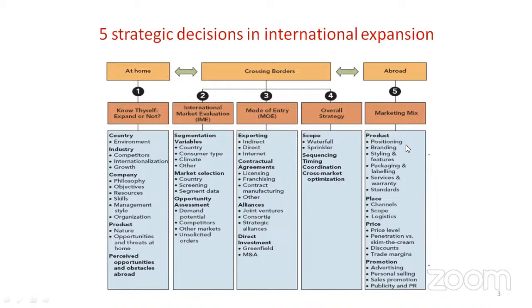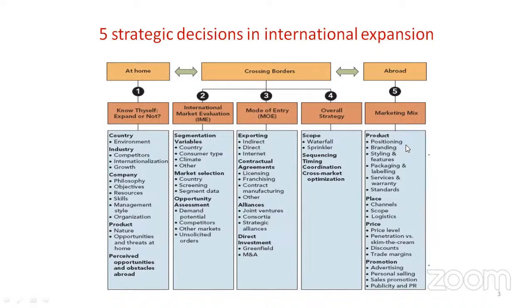And based on that, he will decide in which market to serve. Market selection is in which segment he is ready to go, selecting the country and doing the screening test, and again going for further segmentation. Then opportunities and demand potential.